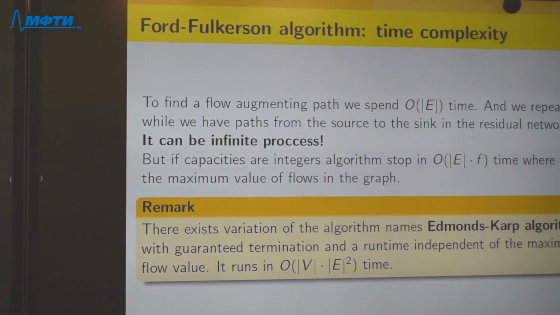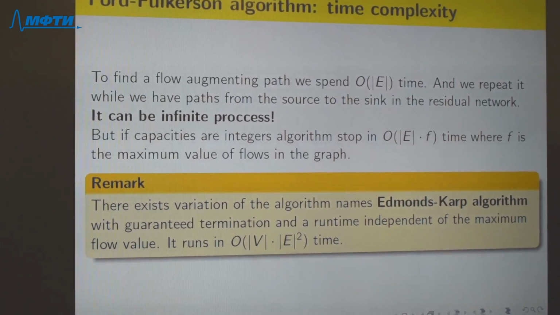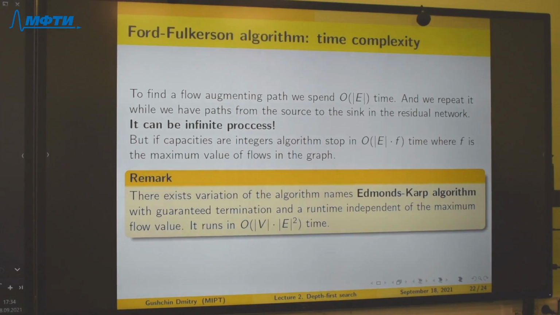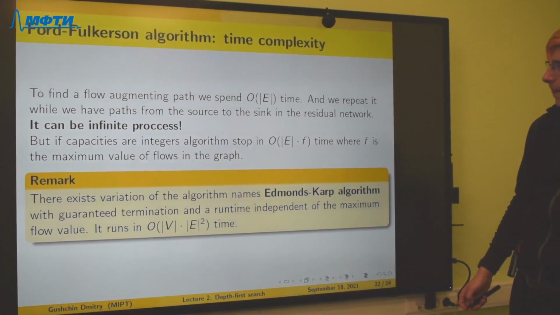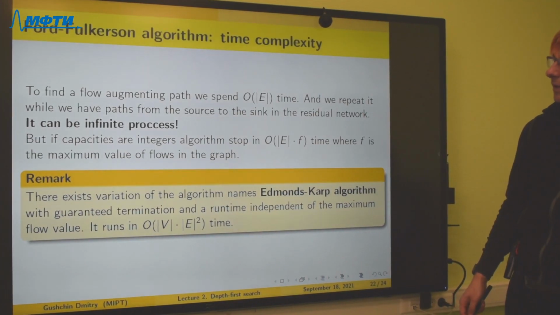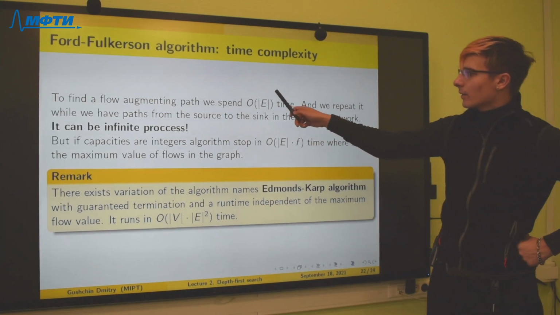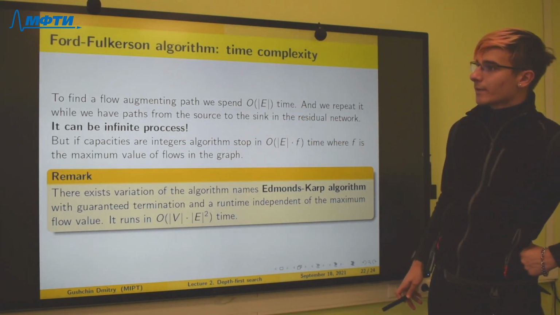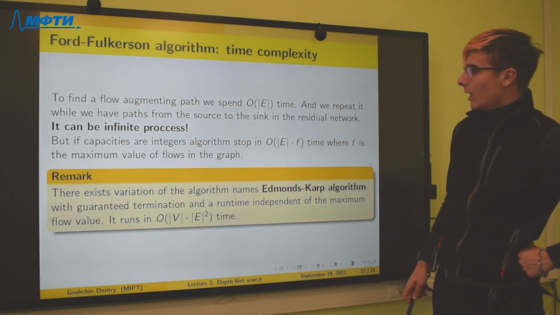about time complexity. Of course, we can use DFS or BFS that we researched earlier to find an augmenting path. And we spend only O of the number of edges time to find the path from the source to the sink.